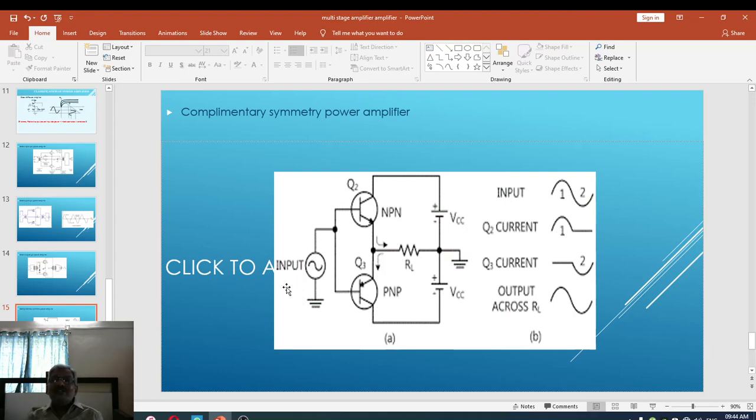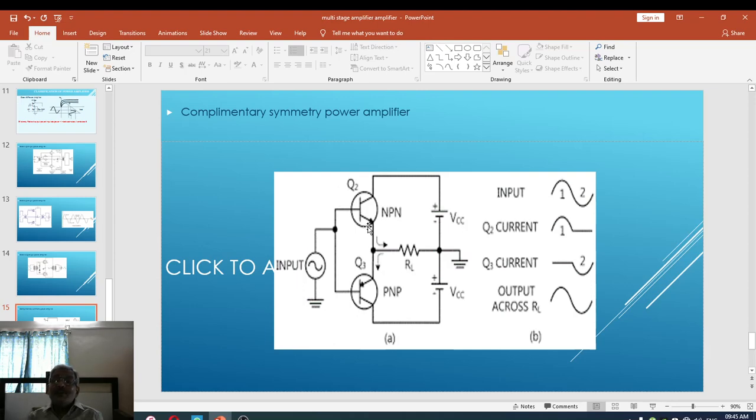By studying the construction of complementary symmetry power amplifier, let us see its working. When input signal power to be amplified is given to the base of both the transistors with respect to ground, suppose the positive half cycle is received at the base of both transistors.